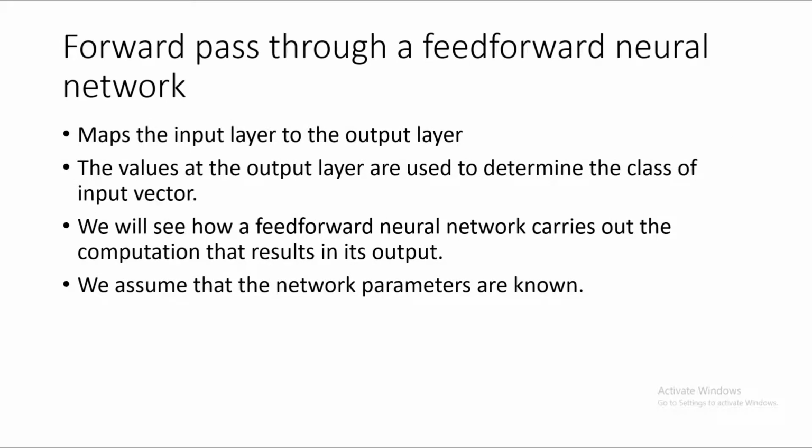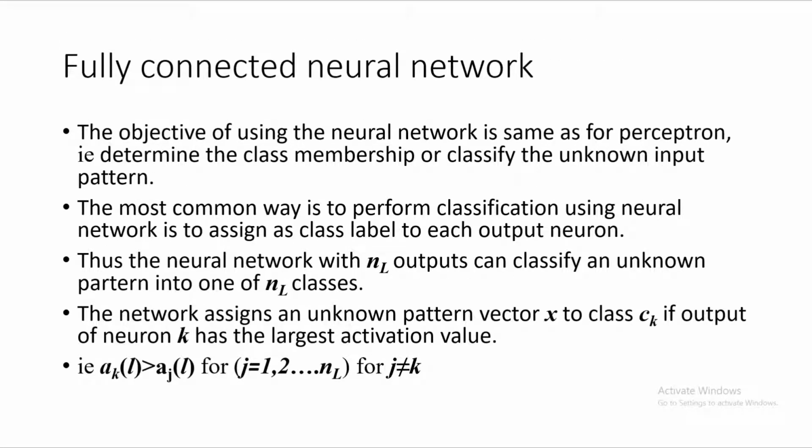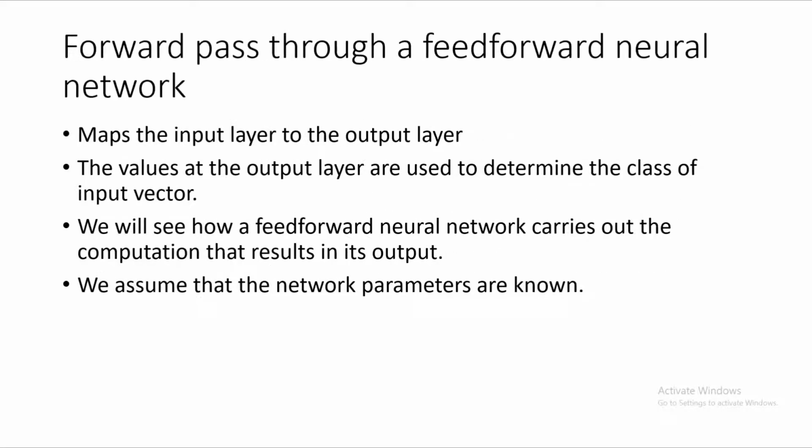So let us see an example using the forward pass through a feed-forward neural network. The forward pass through a feed-forward neural network maps the input layer to the output layer, and the values at the output layer are used to determine the class of the input vector, as we have discussed before.